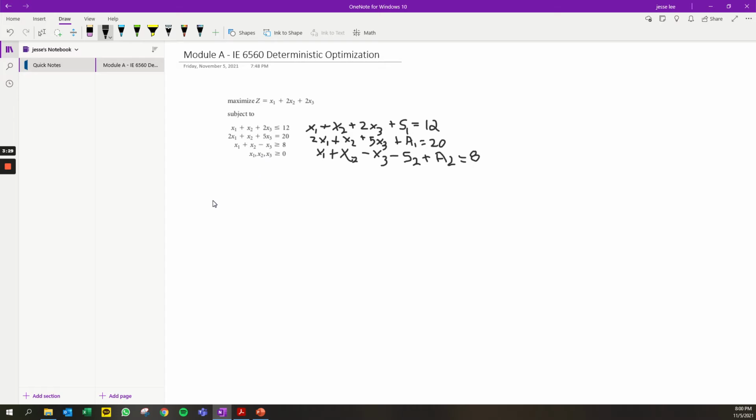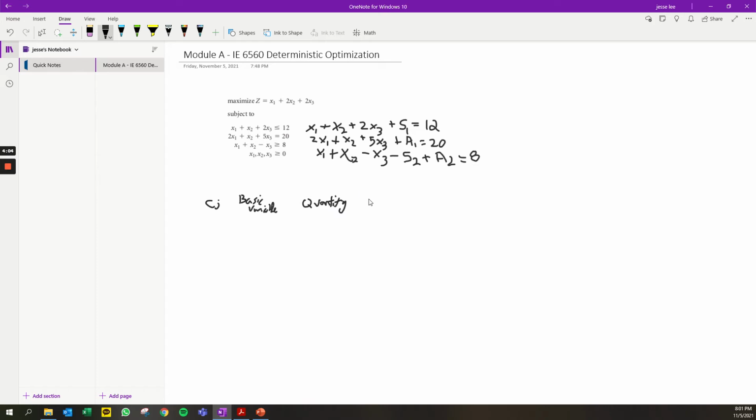So what we do is first write our CJ, and then basic variable, and then quantity, and you write this out for every single initial simplex problem. And then you've got to write your variables.